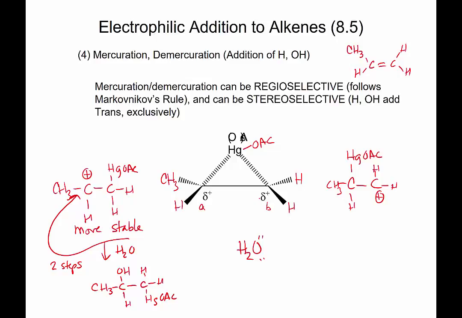In other words, if I looked at these two carbons, I would say A looks like a blank carbocation. A secondary. It looks like a secondary carbocation. Whereas B looks like a primary carbocation. Which one is more stable?